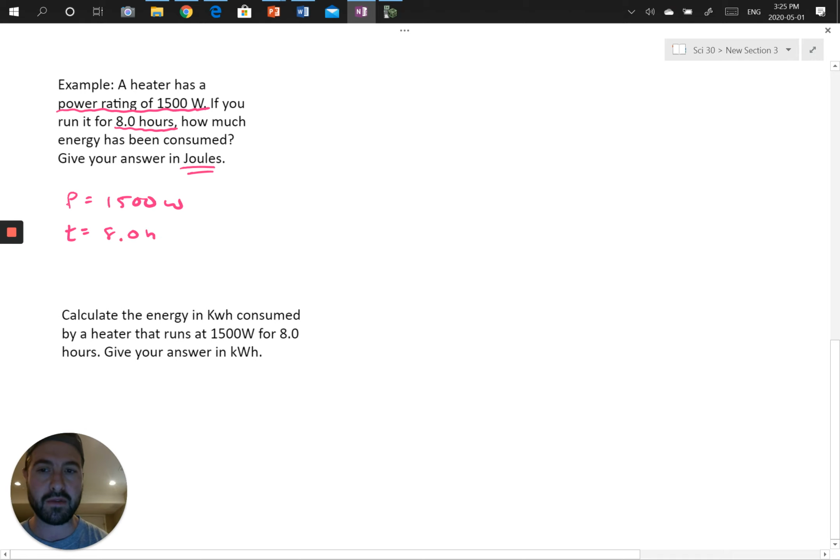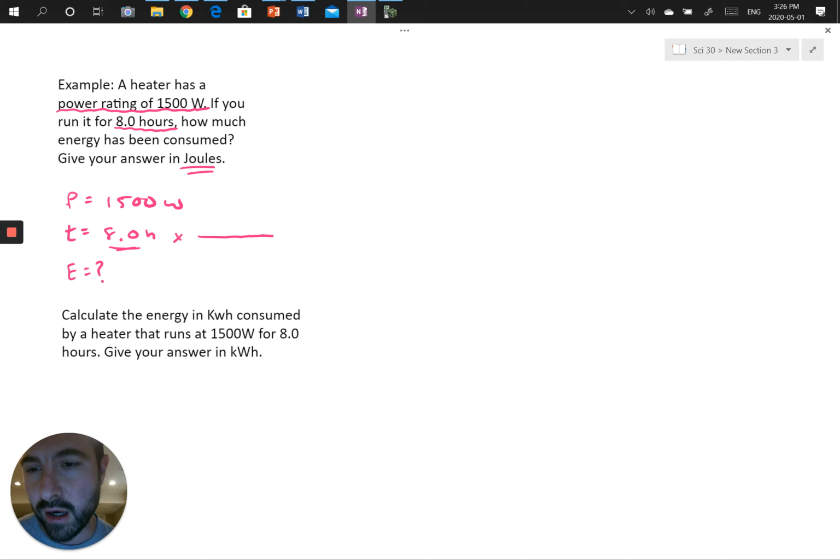Now, that's going to be a little bit of an issue for me because in order to find joules, I'm going to need my time to be in seconds. And so I want to find my energy, but I got to do something else with this number. So what I'm actually going to do is take hours and multiply that by a little number that is something good to memorize. I mean, you don't need to memorize it. It's the fact that there's 60 minutes in an hour and then 60 seconds in a minute.